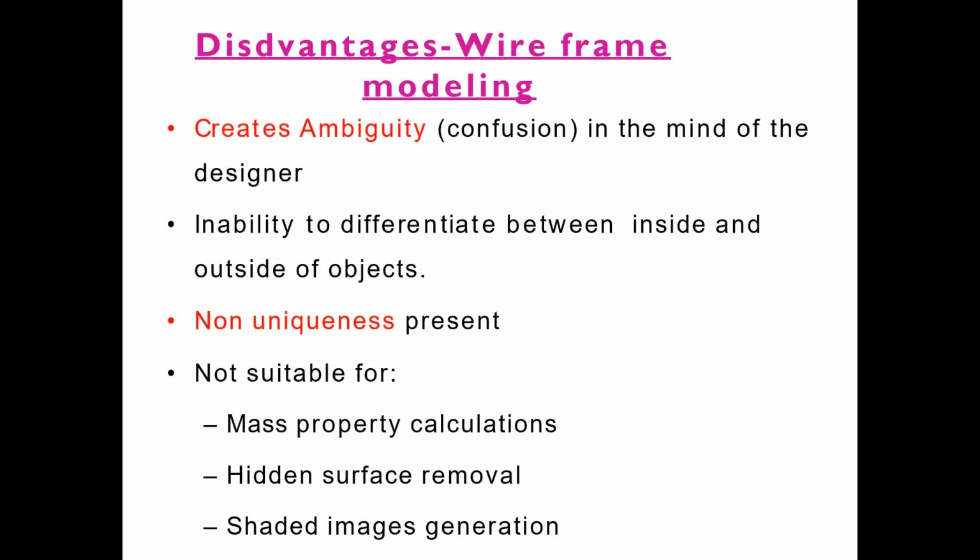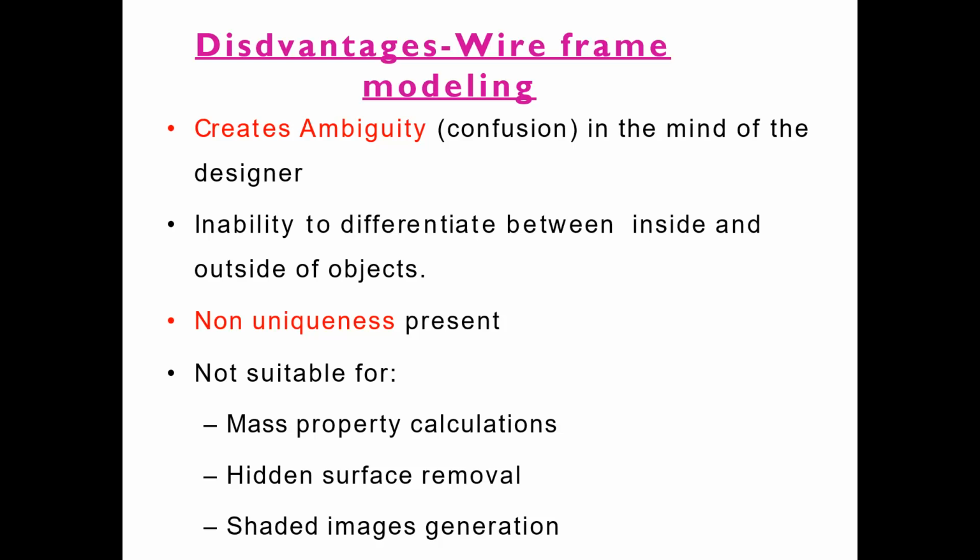Now let us look at the disadvantages. Again, it creates confusion because a lot of interconnected lines are there, so it is very difficult to differentiate between the edges, sides, the inside and outside, etc. Then there is non-uniqueness.